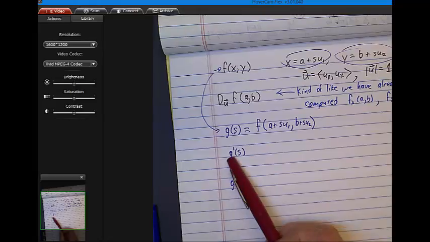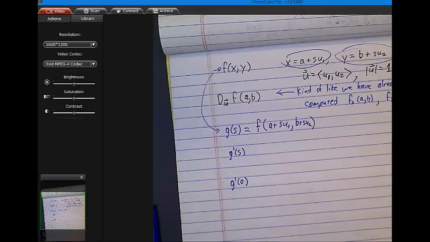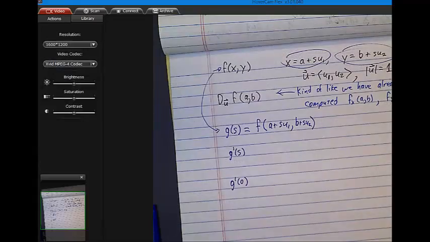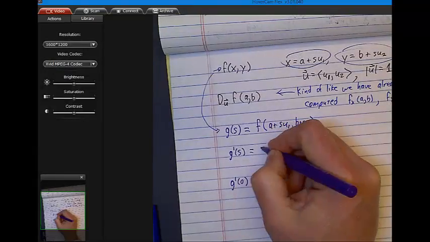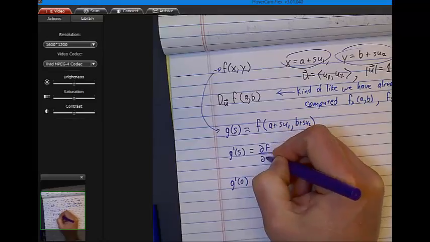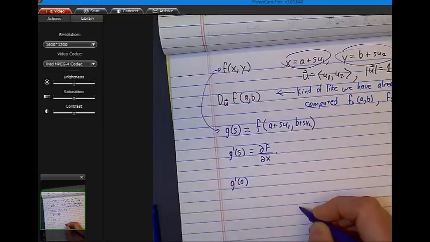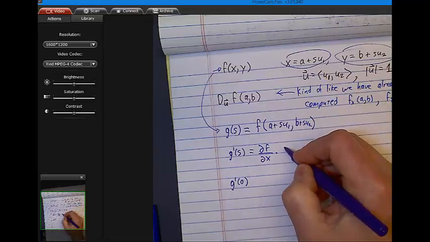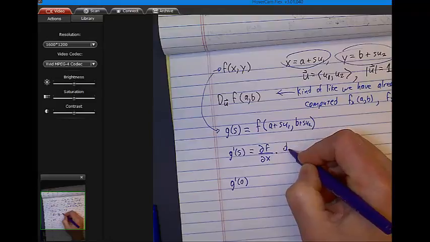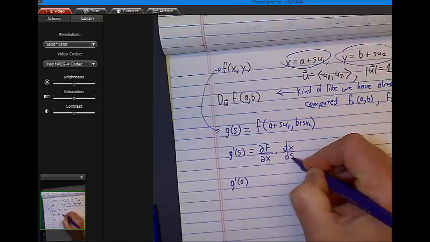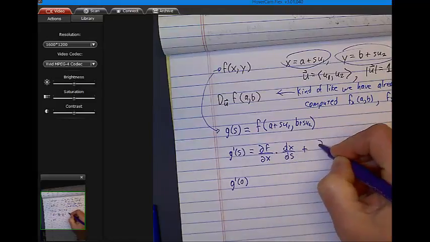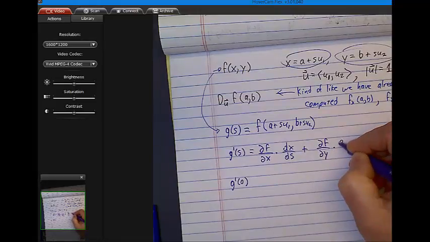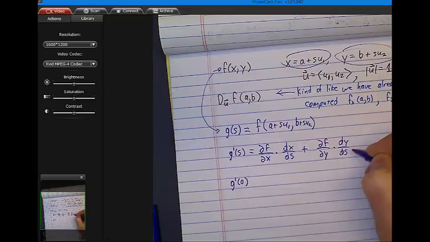So when we take the derivative of g with respect to s, and that's what they get here, they write df dx, okay? Partial of f with respect to x times, since x is a function of s, dx ds plus partial of f with respect to y times dy ds.